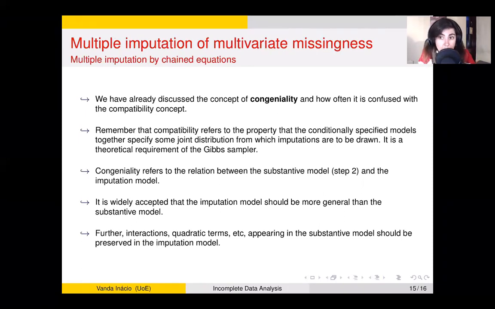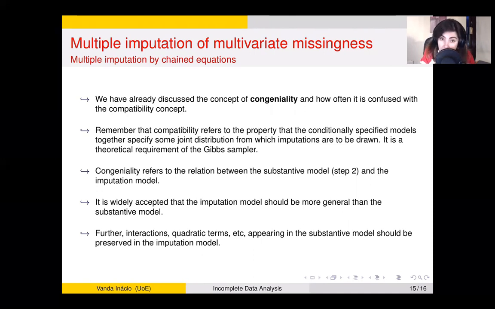And finally, we have also seen, I think, two weeks ago in week 8, when I first introduced multiple imputation, the concept of congeniality, right? And I think I mentioned that it is often confused with the concept of compatibility. They are kind of connected, but they are not the same.